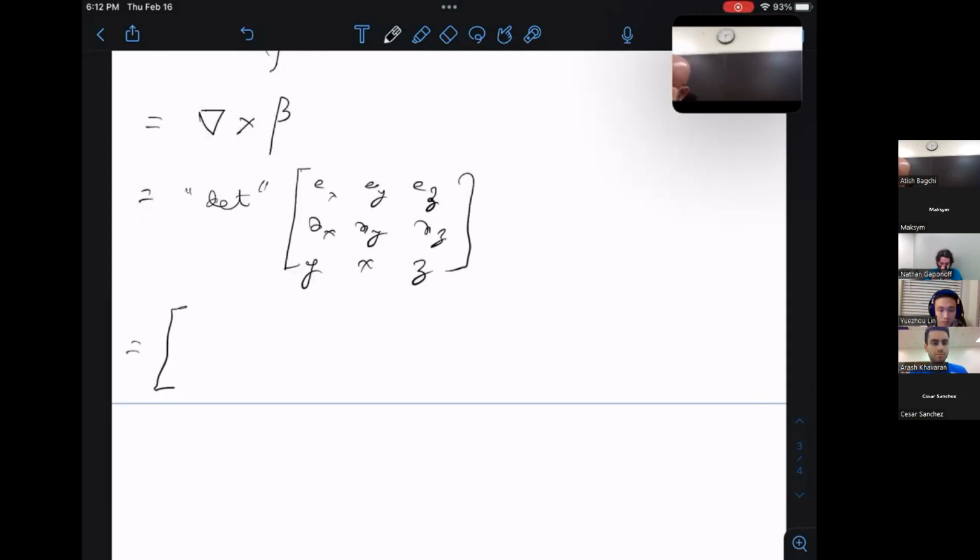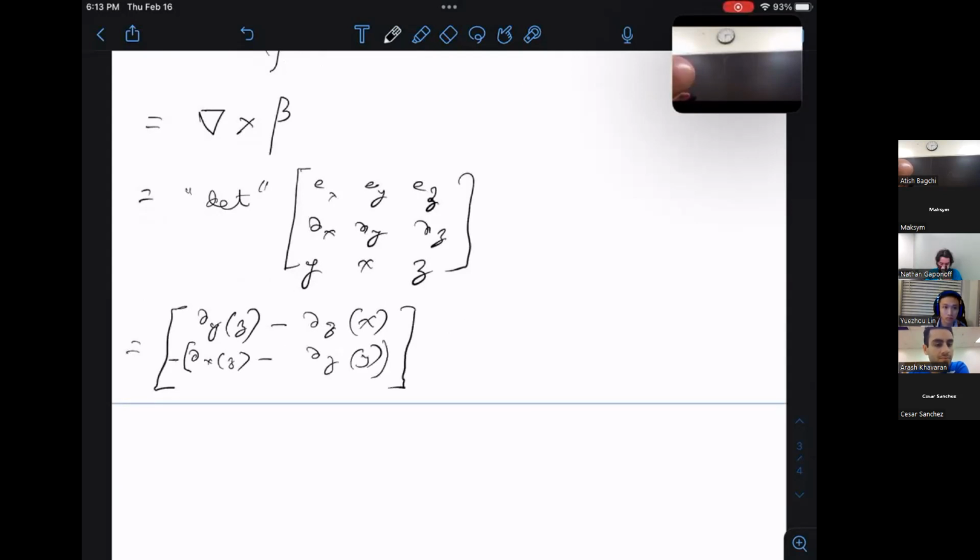The top one is EX, so it would be del y z minus del z, del z x. The next one, EY, it's backwards, so it will be minus del x z minus del z y.